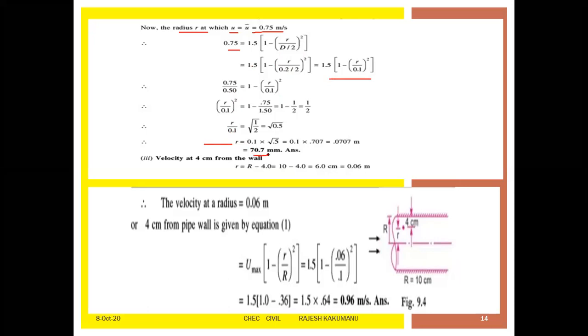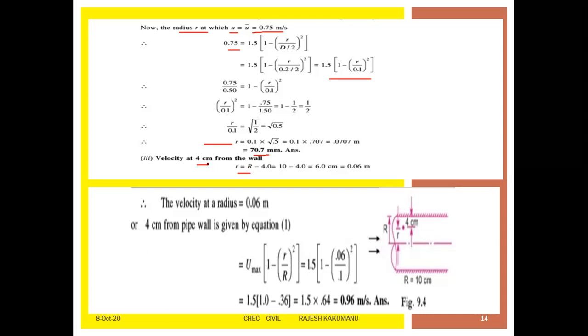Then what is the next thing you have to find? Velocity at 4 centimeters from the wall. Therefore the distance is R minus 4. So what is the small r? We know that small r is 70.7.